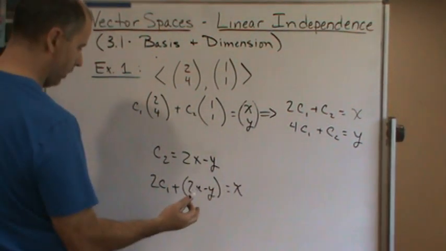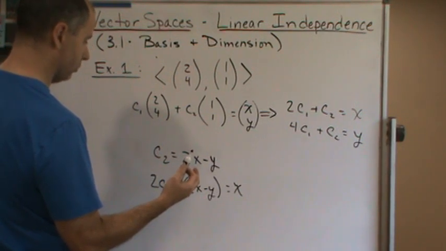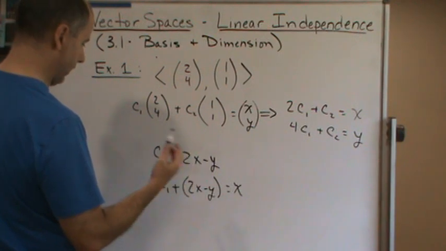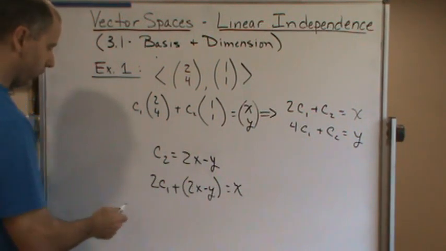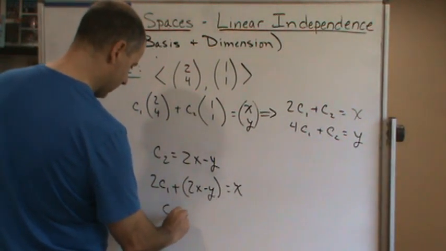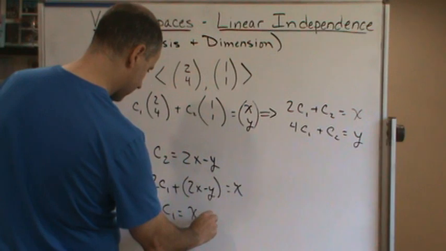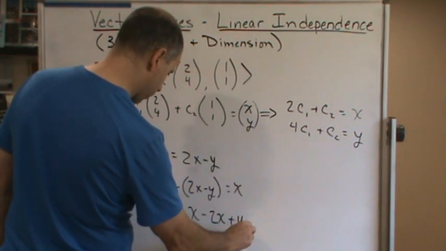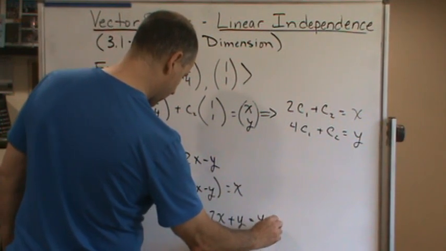And so if we solve for C1, we get C1 equals x minus 2x plus y, which equals y minus x.